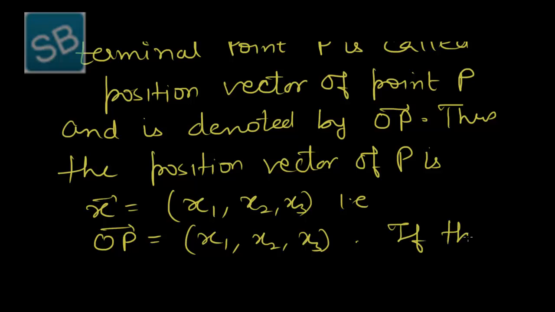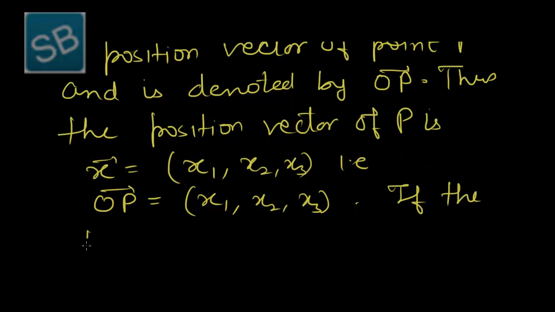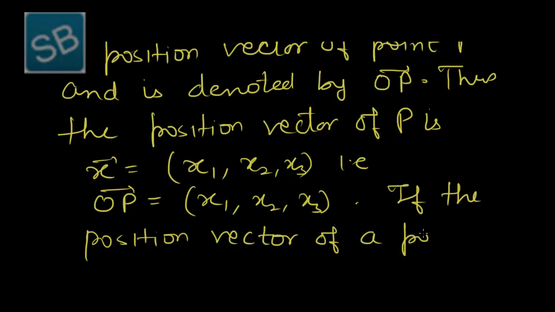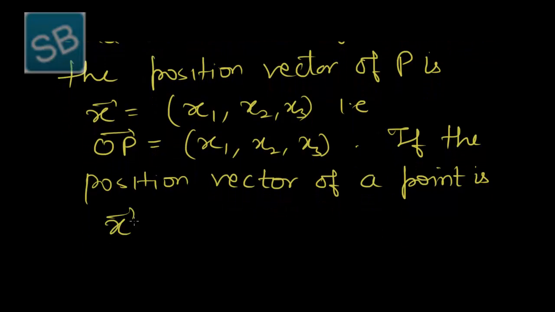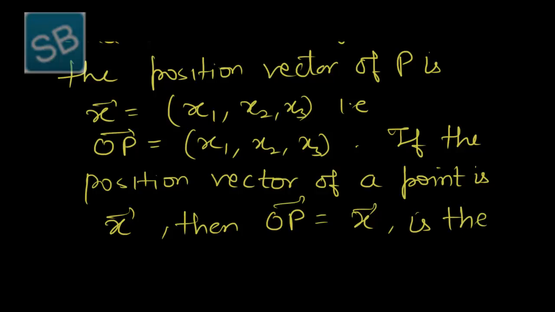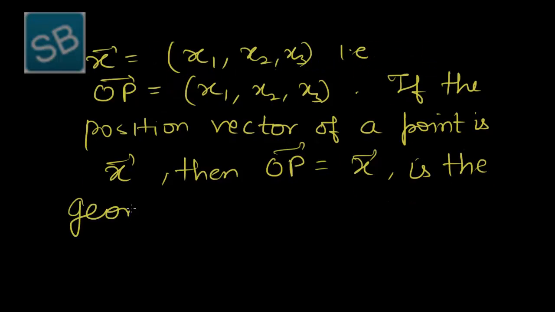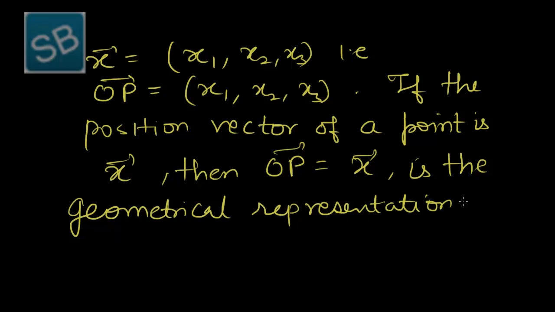And if the position vector of a point is vector x, then OP is vector x, a geometrical representation of the vector.